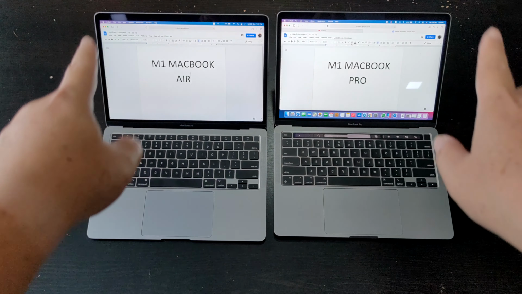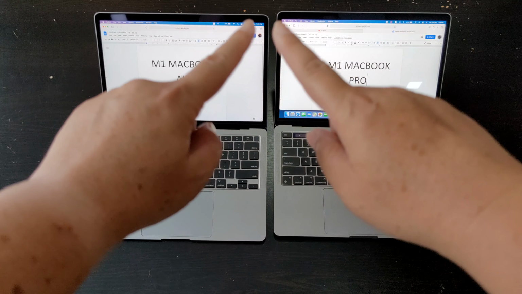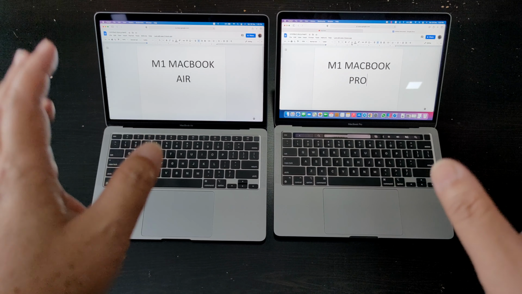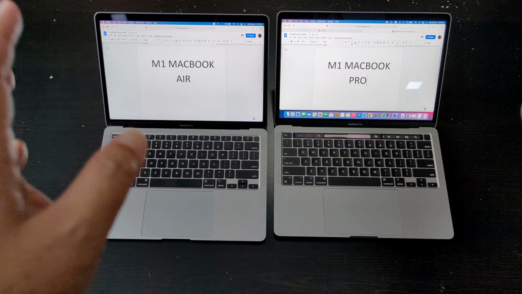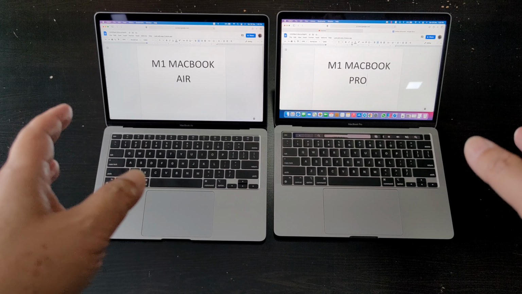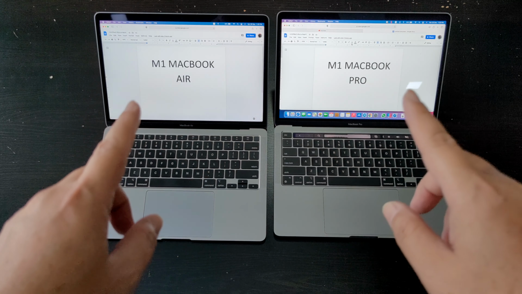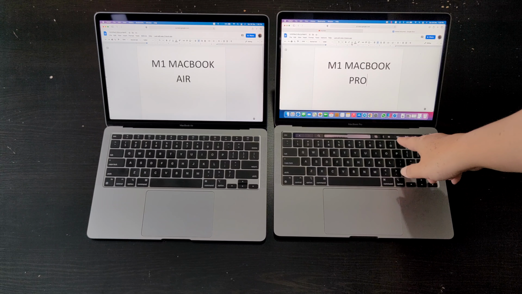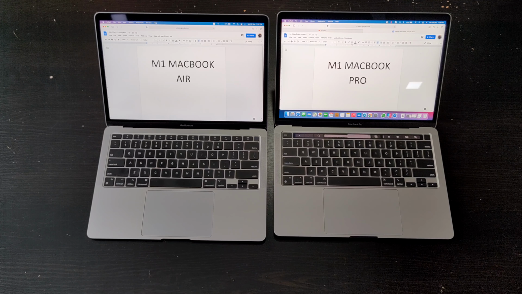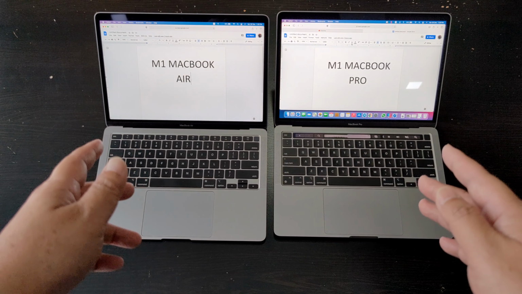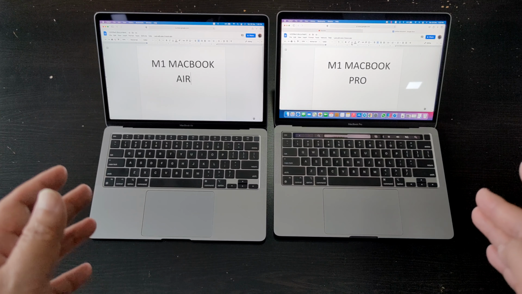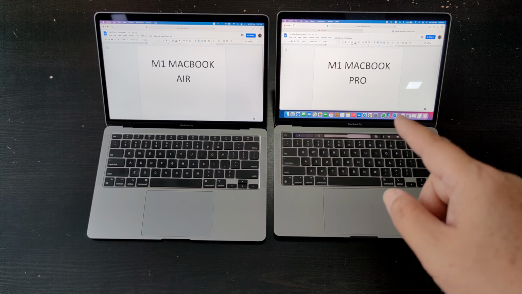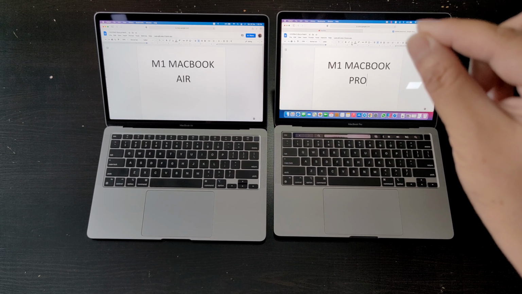Let's talk about the interior. Now, basically, both the Macs come with the exact same screen, same design, same display. There's no difference between the two. The only difference that you find is the brightness. As you can see, this is the brightest I can get on the MacBook Pro, and same for the MacBook Air. So both are at maximum brightness, but if you look carefully, the MacBook Pro is just a little bit brighter.